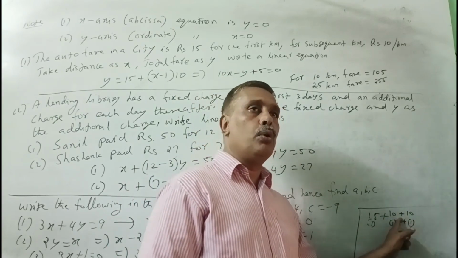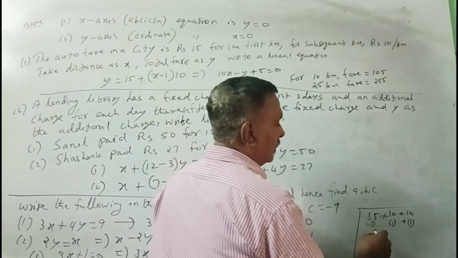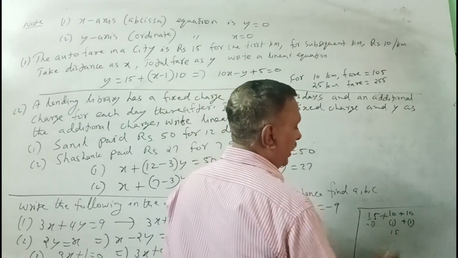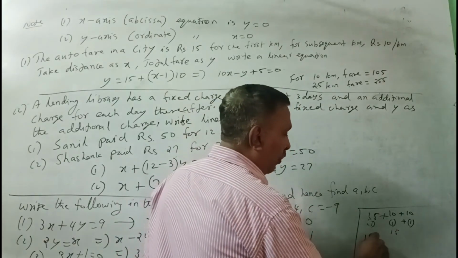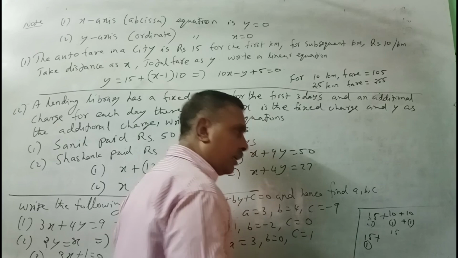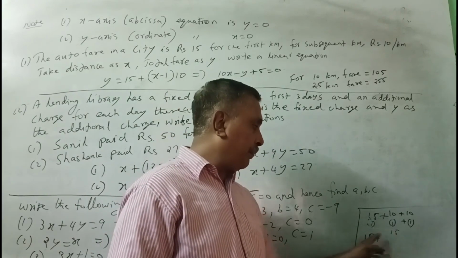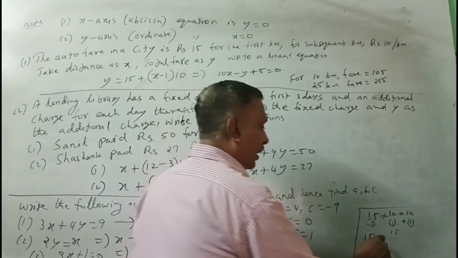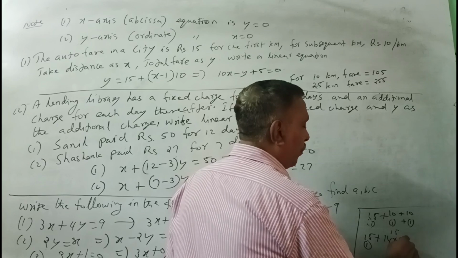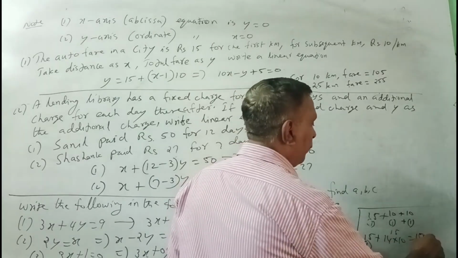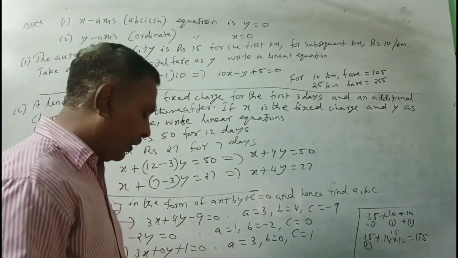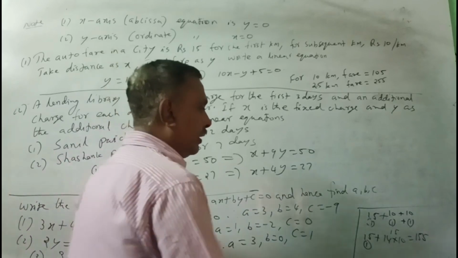So remaining 2 kilometers 20. For example, suppose for 15 kilometers, 15 to be paid for the first kilometer. Now 15 minus 1, that is 14 remaining. 14 for the remaining, total 155 will come. And so that's the meaning of the question.